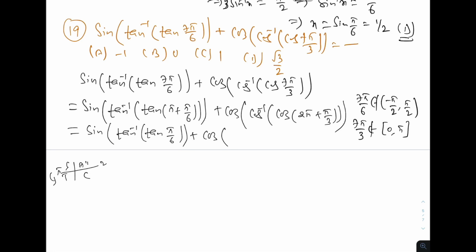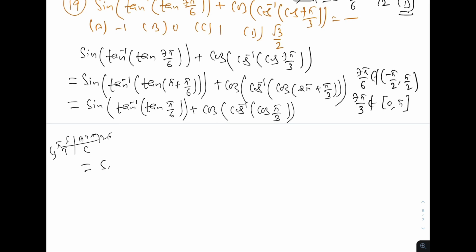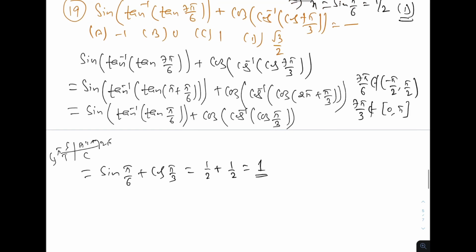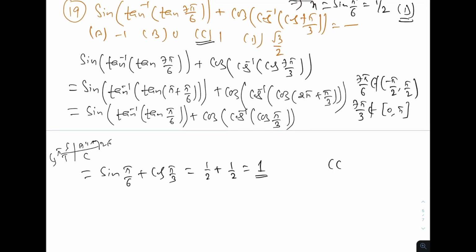Cosine of 2 pi plus pi by 3 is in the first quadrant, so that is also positive, cos inverse cos pi by 3. So this is equal to sine of pi by 6 plus cosine of pi by 3. And so sin pi by 6 is 1 by 2, cosine pi by 3 is also 1 by 2. The answer is 1.